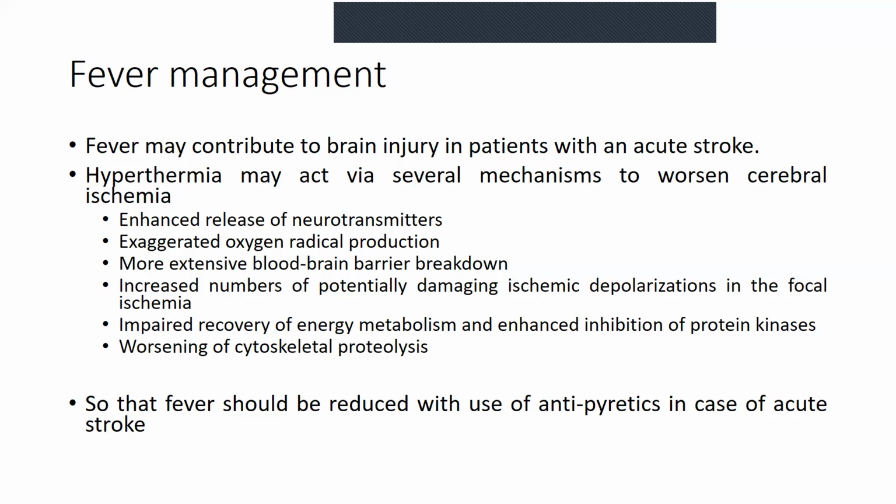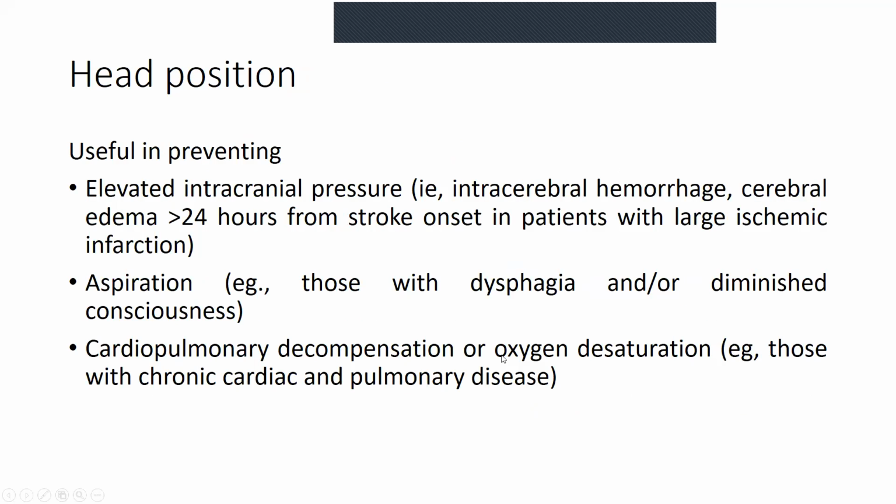It also increases the number of potentially damaging ischemic depolarizations of focal ischemia, impaired recovery of energy metabolism, and enhanced inhibition of protein kinase, worsening of the cytoskeleton. So to prevent this, we should initially record the temperature of the patient, and if it is high, we can give antipyretic drugs, and it can be managed. Next slide, please.